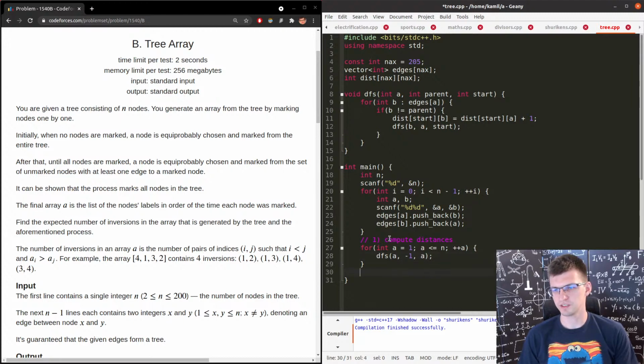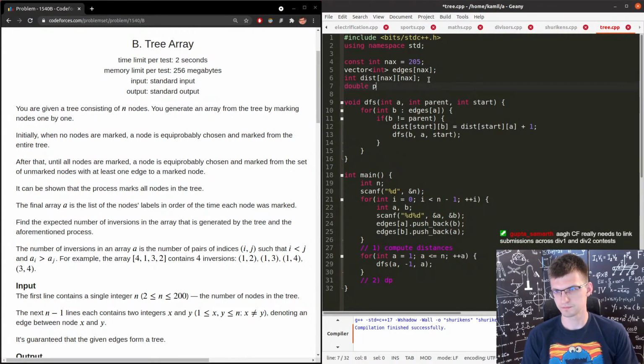No, distances are computed. As second point, we will compute dp. Let's define it.